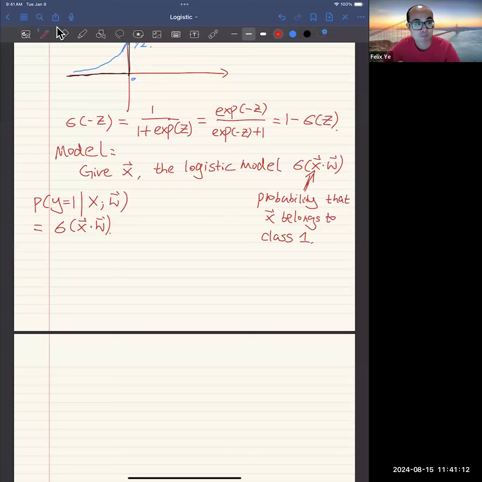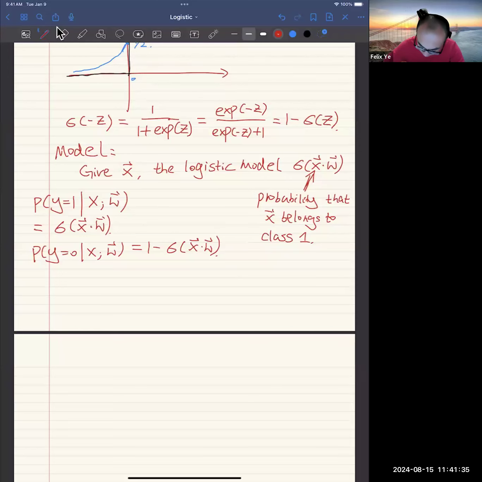This is just our assumption here. As a result, the probability that y equals 0 is nothing but 1 minus sigma of x w. Okay, so this is just building a model.